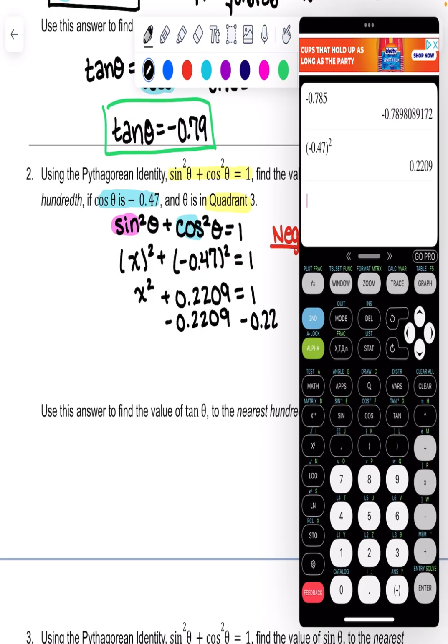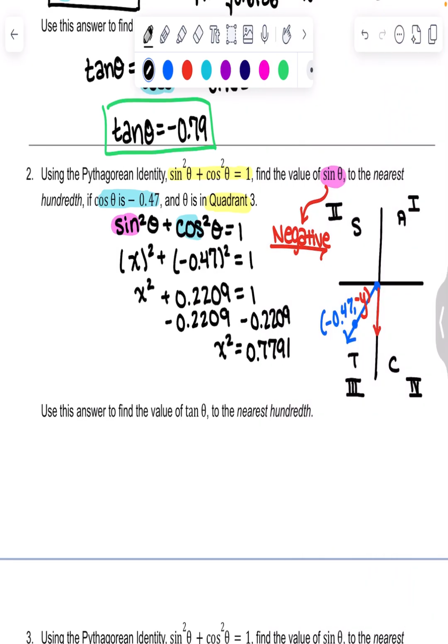And we get x squared equals 1 minus 0.2209, we get 0.7791. Now here's the thing, when we take the square root, remember there could be two possibilities. And like we said earlier, sine must be negative in quadrant 3.